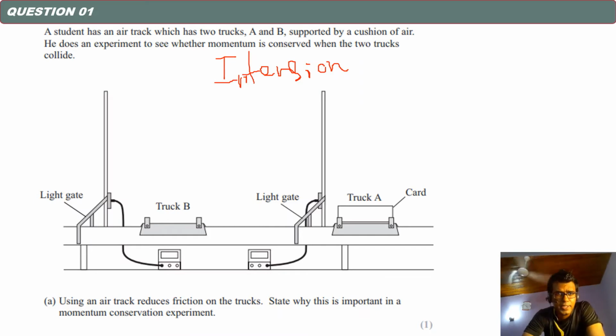So what are we going to do? Using an air track, reduce friction on the trucks. State why. This is important in a momentum conservation experiment. So why is it important to reduce the friction in an experiment where we need to prove the conservation of momentum?